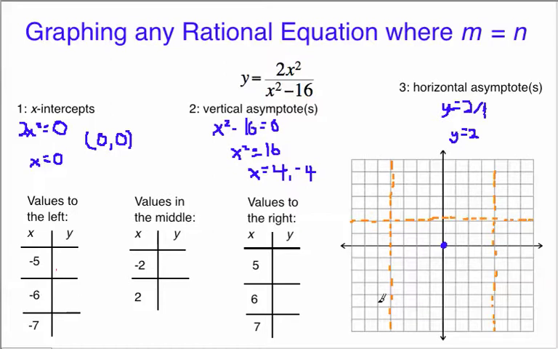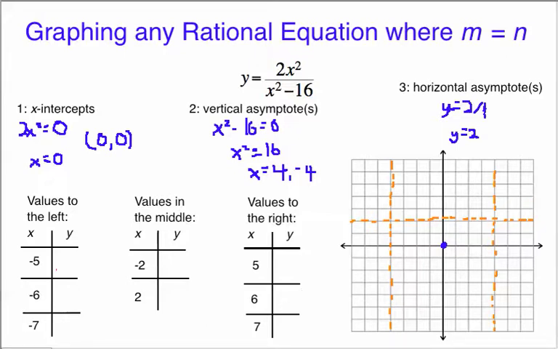Okay, so now that we've got our asymptotes done, we want to pick some values to the left, some values in the middle, and some values to the right to actually graph this out. To the left, I picked negative 5, negative 6, negative 7. In the middle, I picked negative 2 and positive 2. And on the right end, I picked 5, 6, and 7.